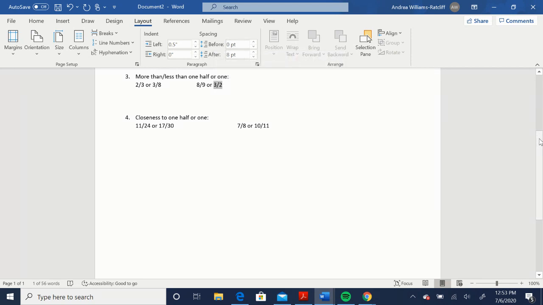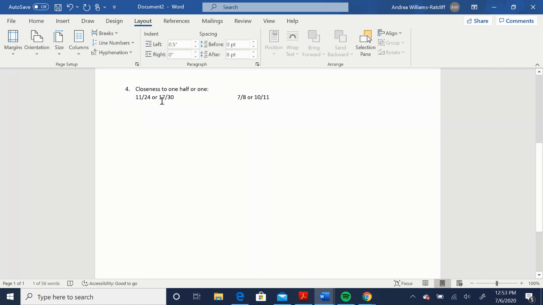So this being larger than 1 and this being less than 1 lets us know which fraction is larger. Now, instead of just doing greater than or less than 1/2 or 1, we can also do some comparisons by talking about the closeness to 1/2 or 1. So let's look at this first example. I have 11/24 or 17/30.